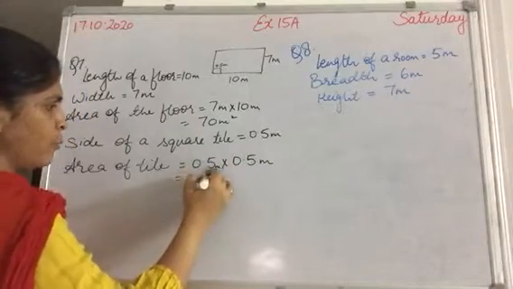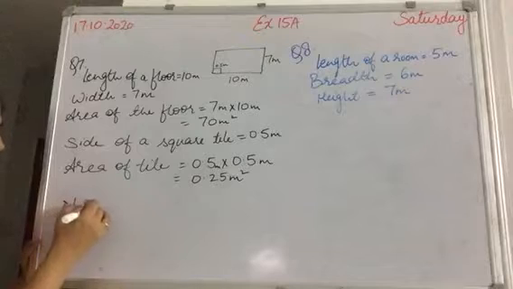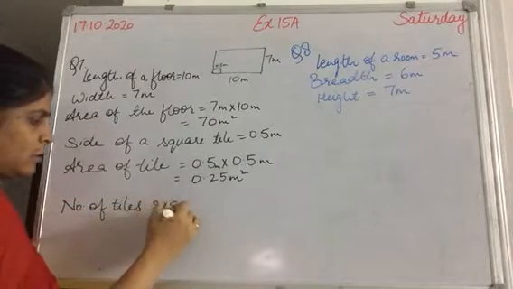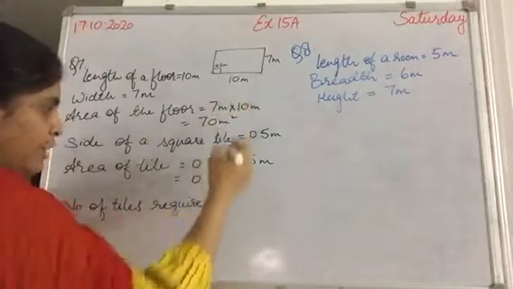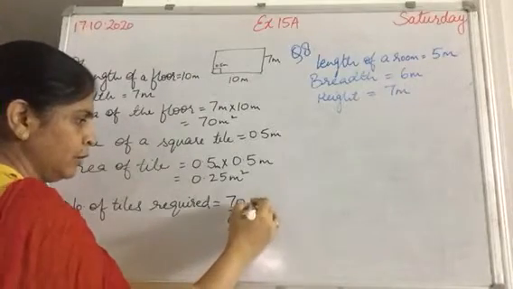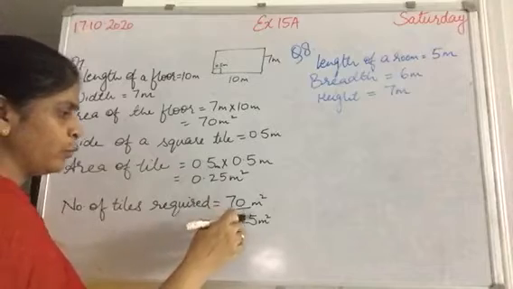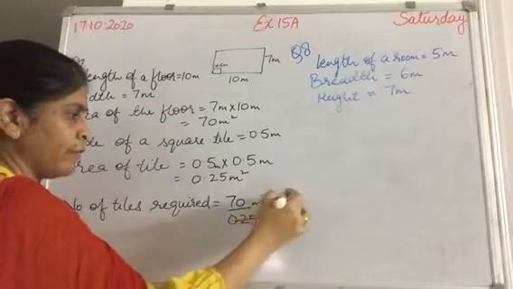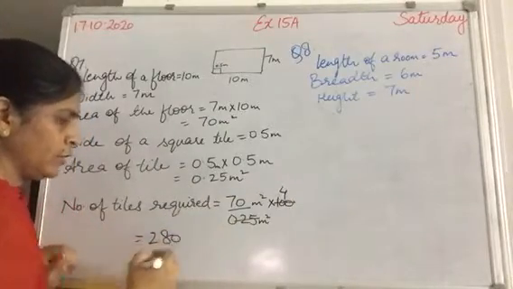So it will be 0.25 meter square. Now number of tiles required, area of floor divided by 0.25 meter square. Yes, when we remove the decimal, multiply by 100, it will be 280 tiles.